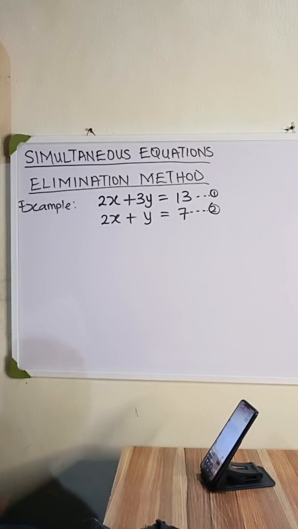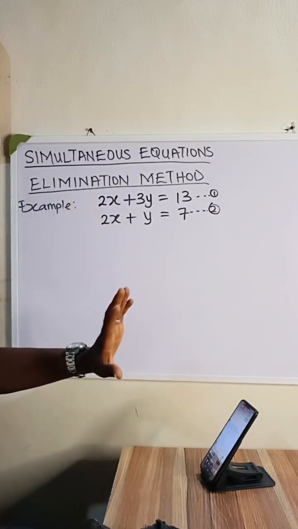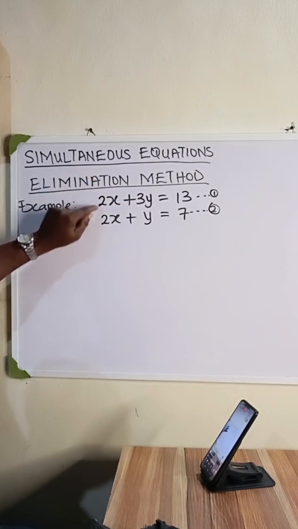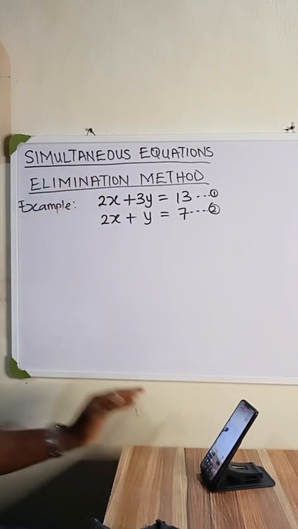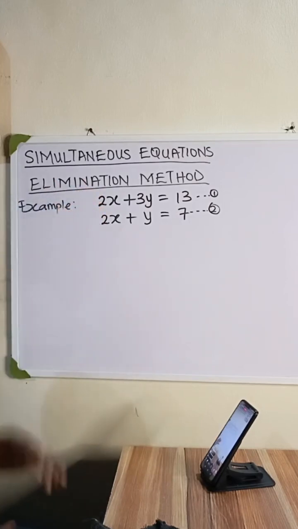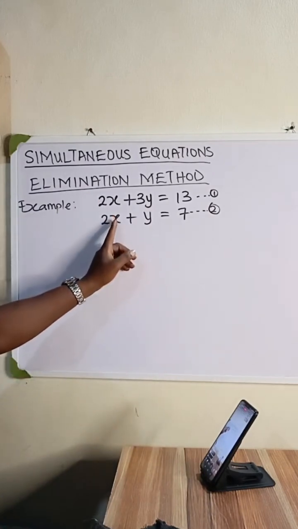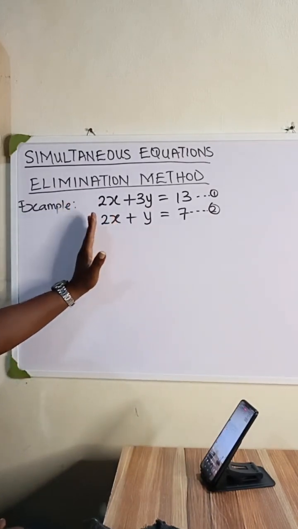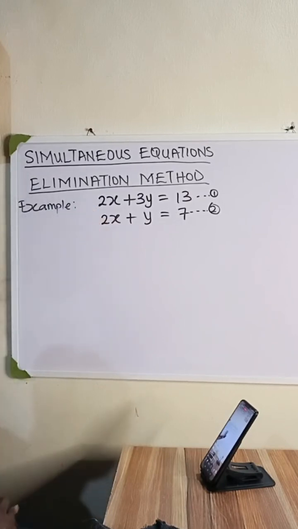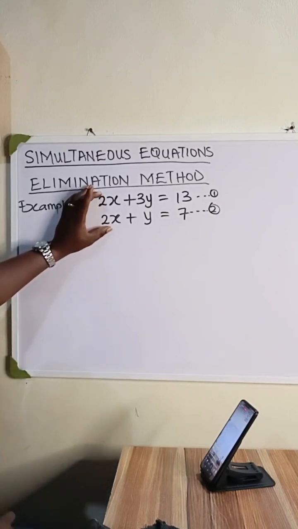So this equation is quite easy for us to solve, because if you look at the two equations, the coefficient of x in the two equations is the same. So if you come across two equations having the same coefficient for a particular variable, you can just start by eliminating that variable, since they already gave you the same coefficient.